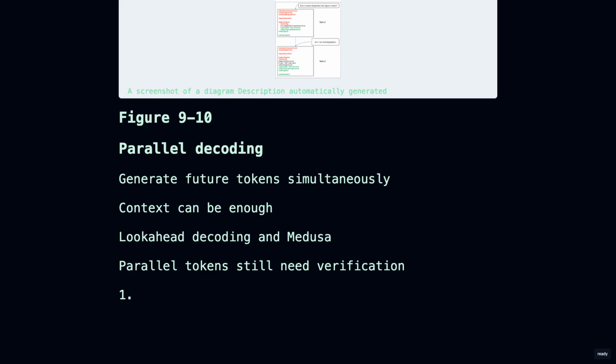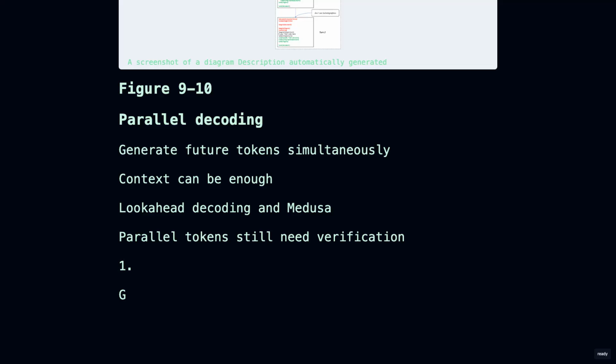That gives the model multiple candidate continuations to test. This is the main parallel step. The model predicts k future tokens at once rather than marching forward one token at a time.